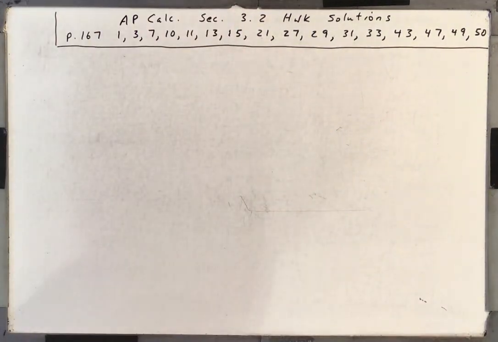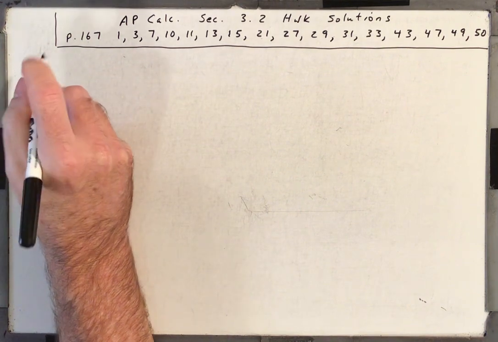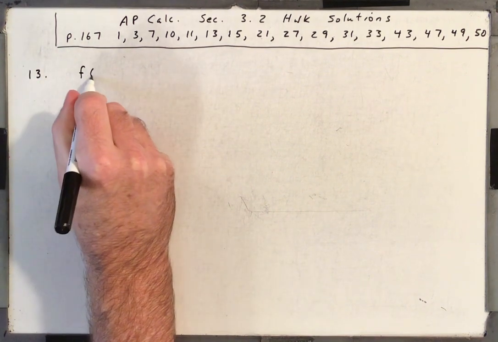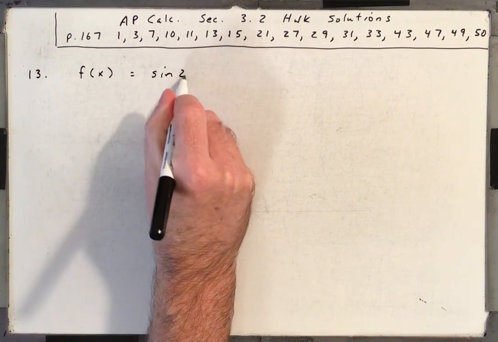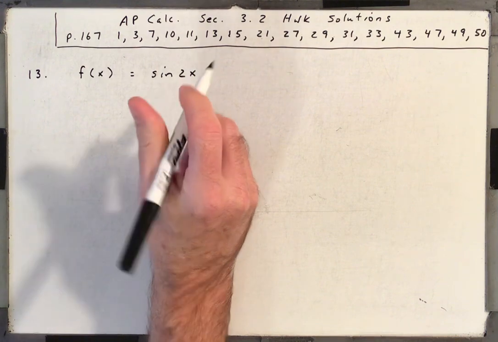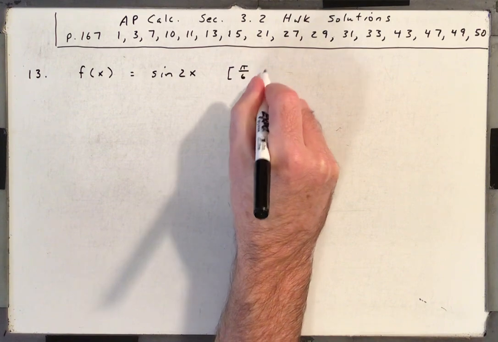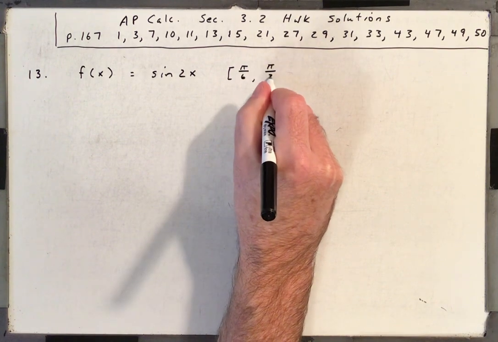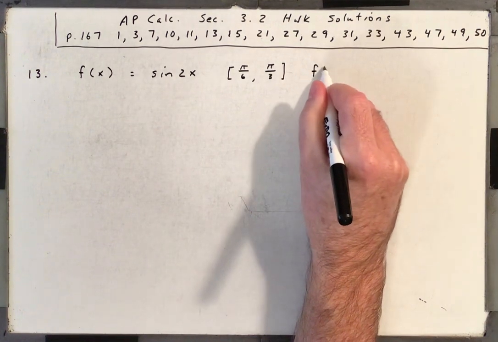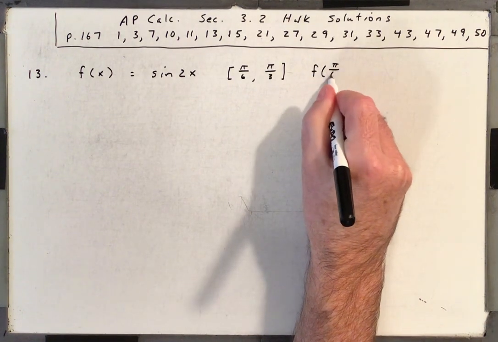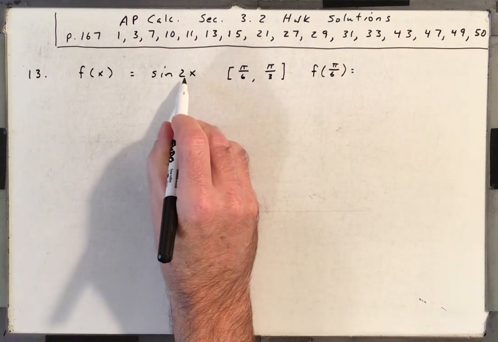Okay, let's look at number 13. So we have f of x is sine 2x. Our interval is pi over 6 to pi over 3. So a short little interval there. F of pi over 6: if we plug in pi over 6 times 2, that'd be pi over 3.